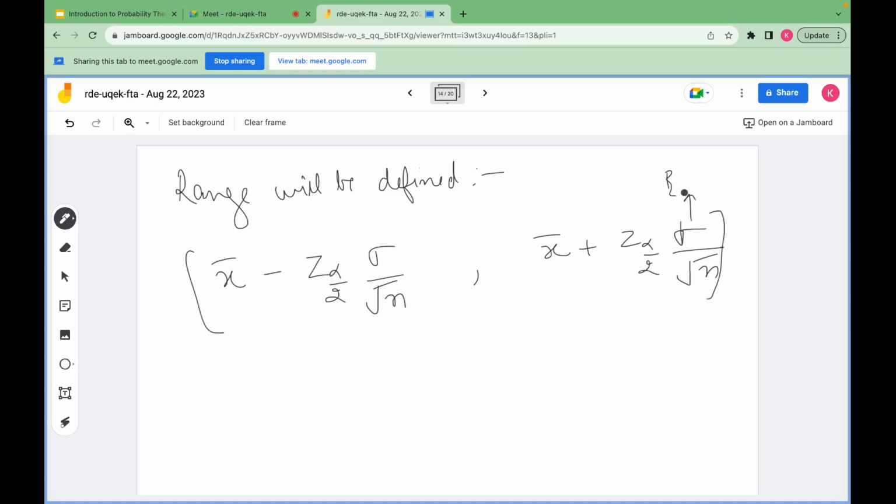Here sigma is the population standard deviation, sigma squared is the population variance, and this is the range for the mean value. Okay, this is for the mean, to calculate the range of the mean, when the variance of the population is known to us.